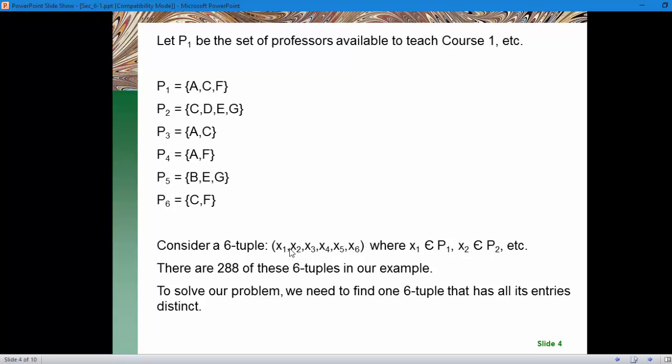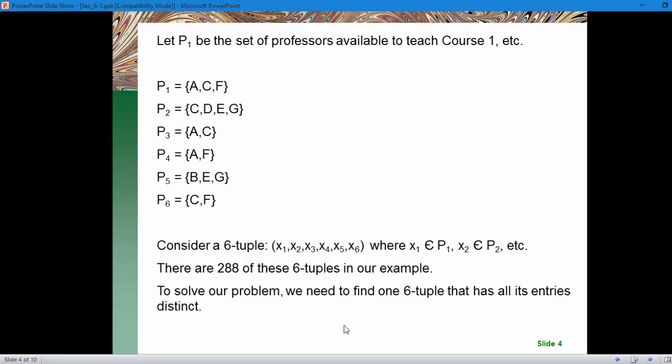If you remember, one of the restrictions was that a professor can only teach one of those 6 classes. We cannot have a professor teaching more than one. And for that to happen, we need a tuple that has all entries distinct.